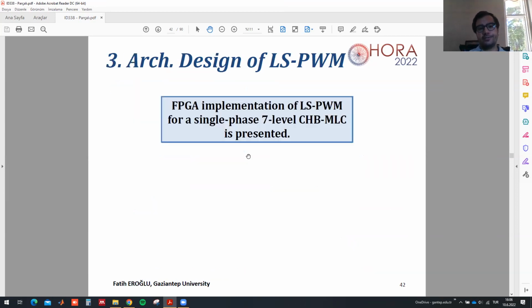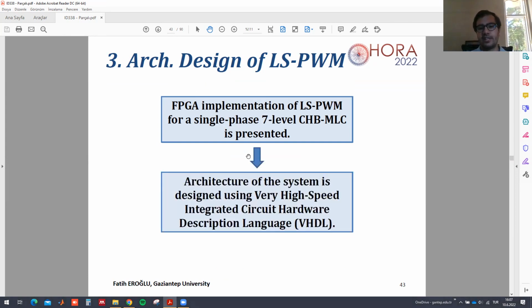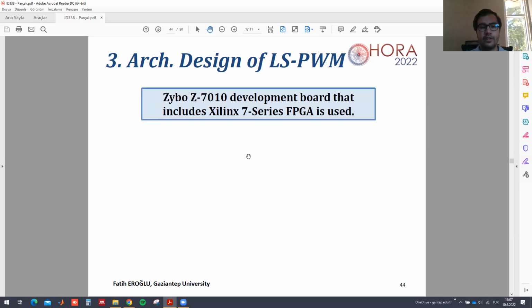In the architectural design, the FPGA implementation of level-shifted PWM is presented, and the VHDL language is used to code the architectural system. As a development board, we have used the ZedBoard Z7010 development board, which includes a Xilinx 7 series FPGA.